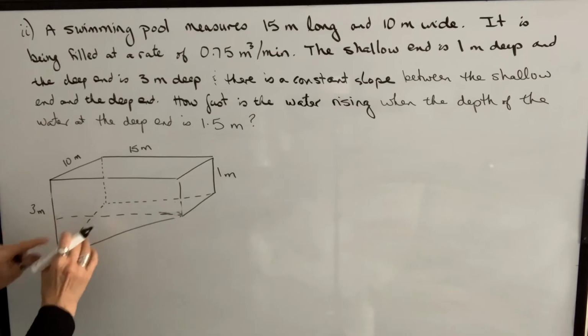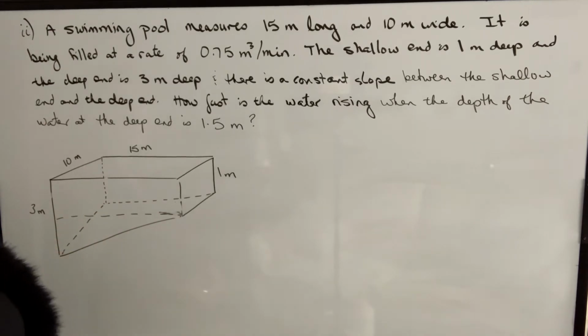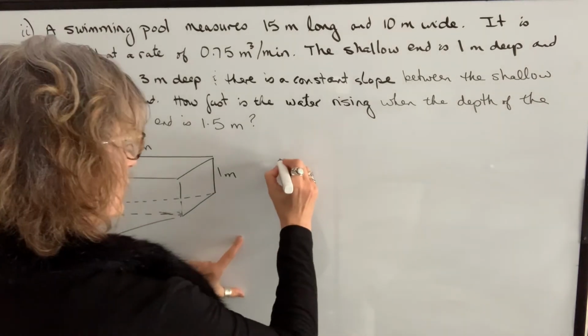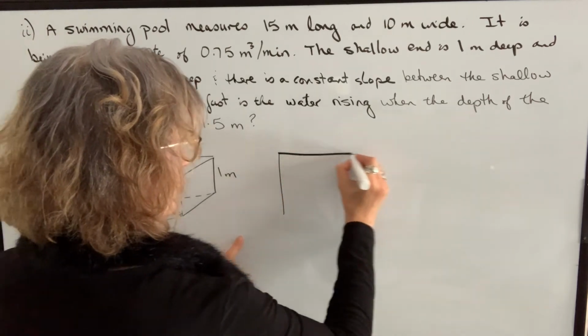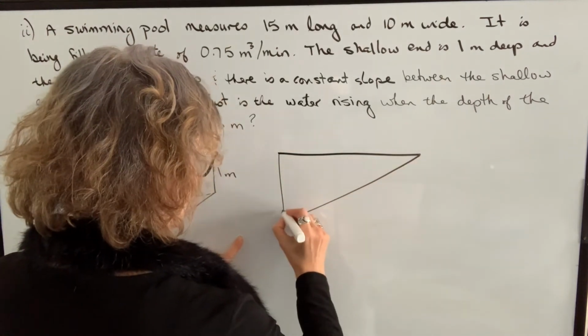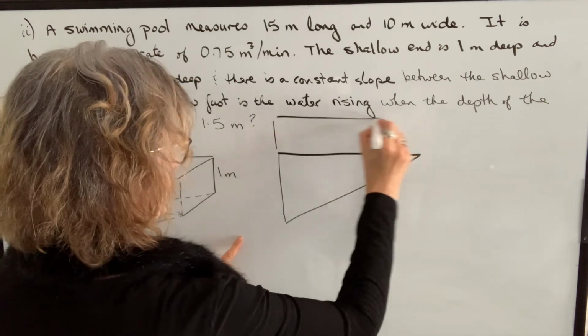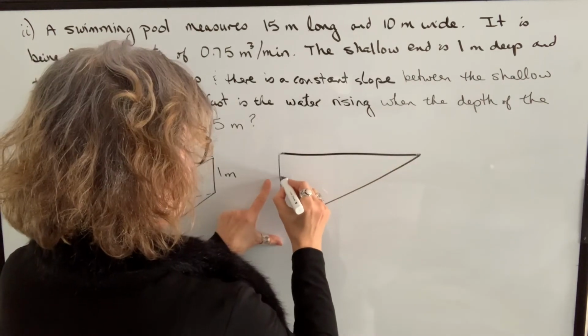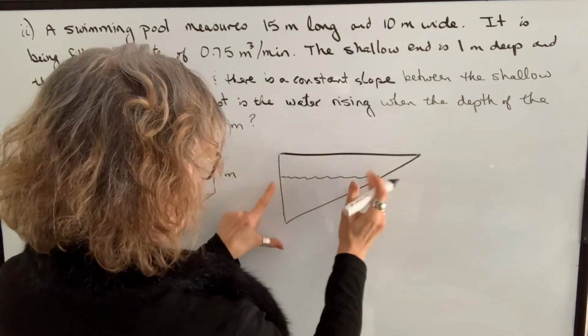We're dealing with the triangular part. So I'm just going to focus on the triangular part of the pool and forget about the part above it. The water is rising in this triangular part.